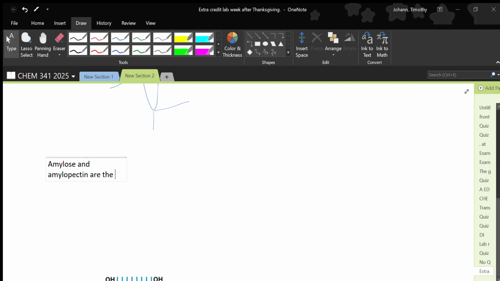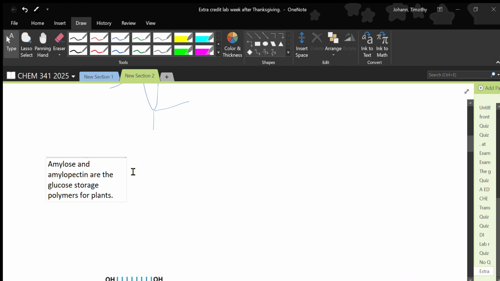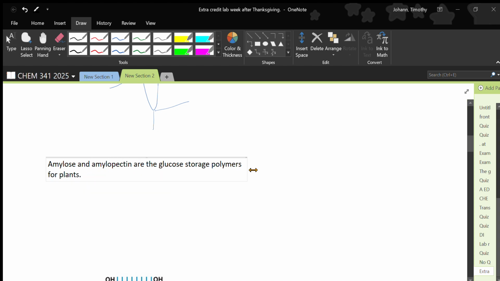They are the glucose storage polymers for plants. So in any flour you have, there will be different amounts of amylose and amylopectin. Let's talk about the structures of those.